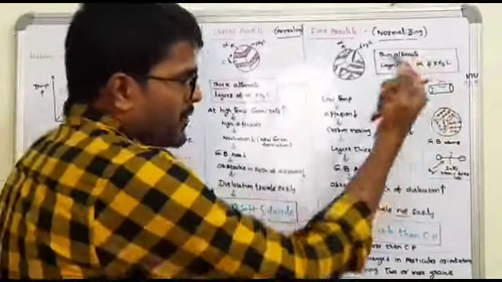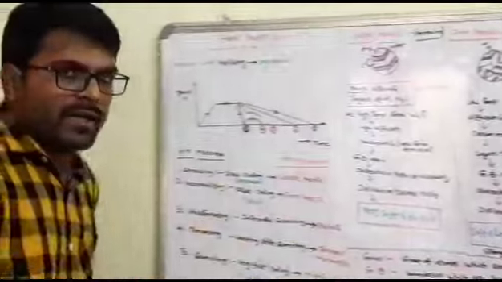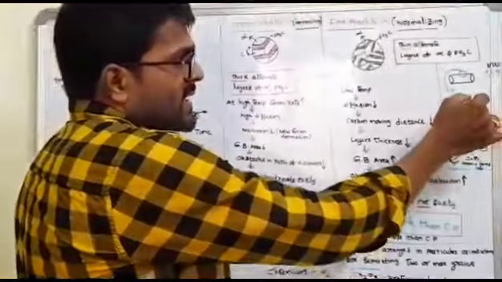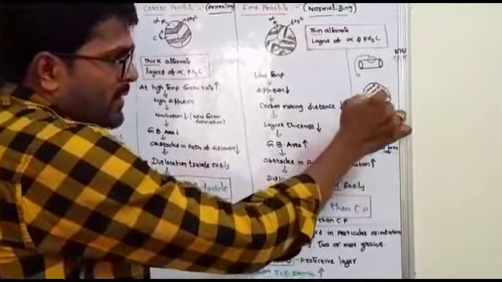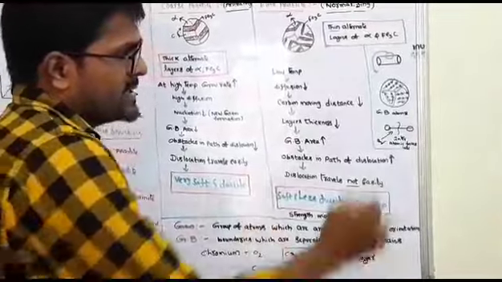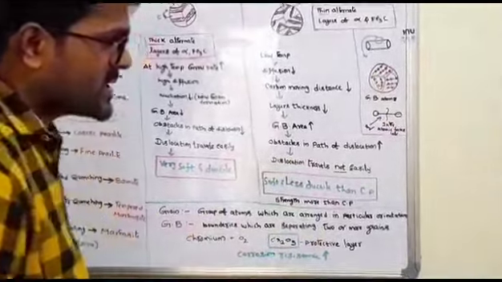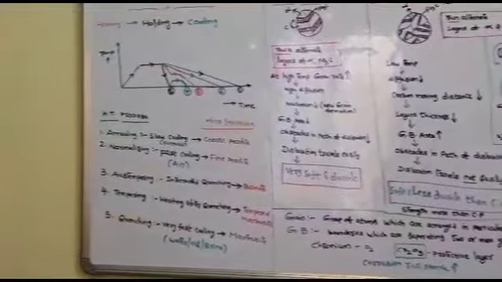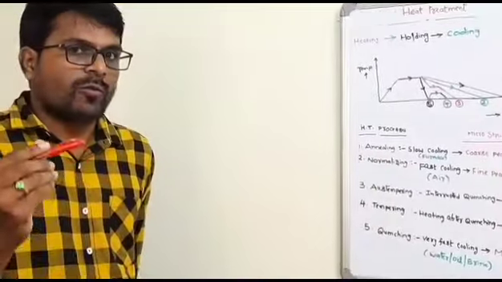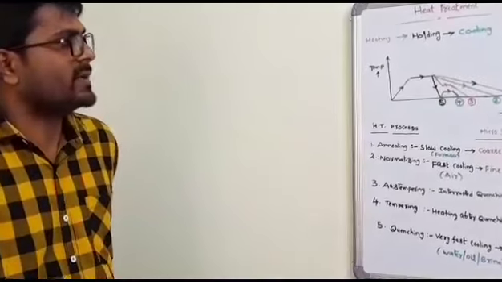We have to add some chromium. If you add chromium, it will go and settle and form a layer of chromium oxide, that is a protective layer that improves the corrosion resistance. Like this, in material science, we have to see from a microscopic point of view.